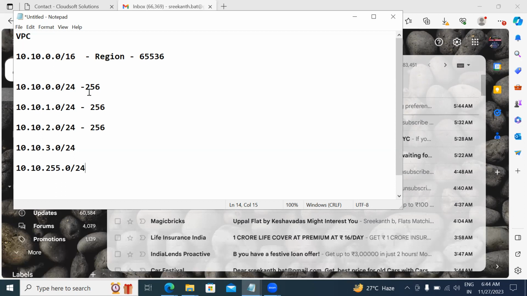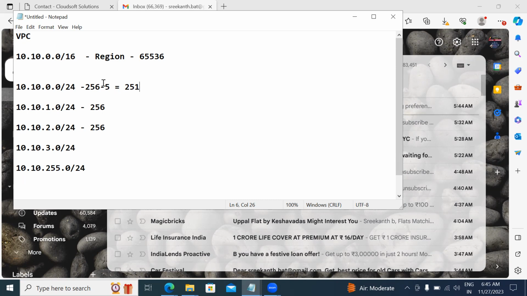256. In this 256, AWS is again going to use 5 IPs. So AWS internally reserves 5 IPs. Then the total maximum number of instances or resources we can keep is 251. In each and every subnet, AWS will reserve five IPs.